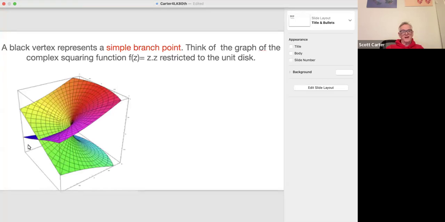So this is a picture that I lifted off the web of the graph of z goes to z squared, restricted to a disk, and then you see this double curve in the projection. The branch point is up here.